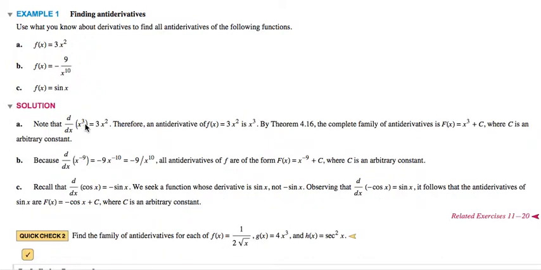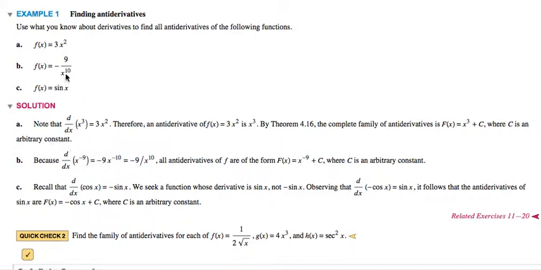So taking a look at our solution here, an antiderivative is x to the third. And you'll get a little bit better with this with practice. But you can see taking the derivative, the 3 would go down, and the exponent of 3 would become 2. So the complete family of antiderivatives is x cubed plus c, where c is a constant.